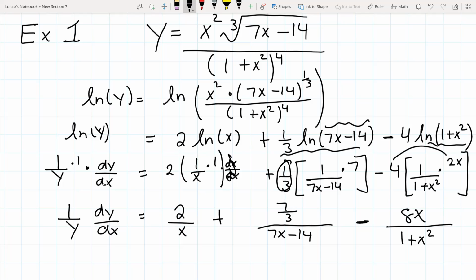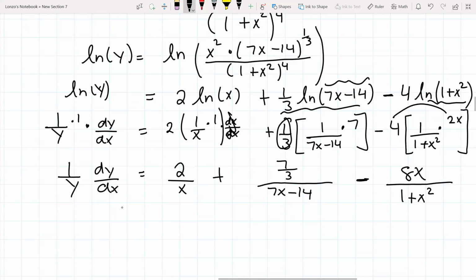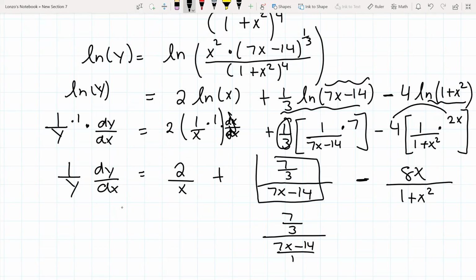Okay, then I think what we'll do is simplify this part. It's a complex fraction, so you can write this as 7 over 3 divided by 7x minus 14. I'll just do the bracket method. So we have a 1 and a 3, so my common denominator would be 3. So that would be 7, and then it's going to be 3 times 7x minus 14.